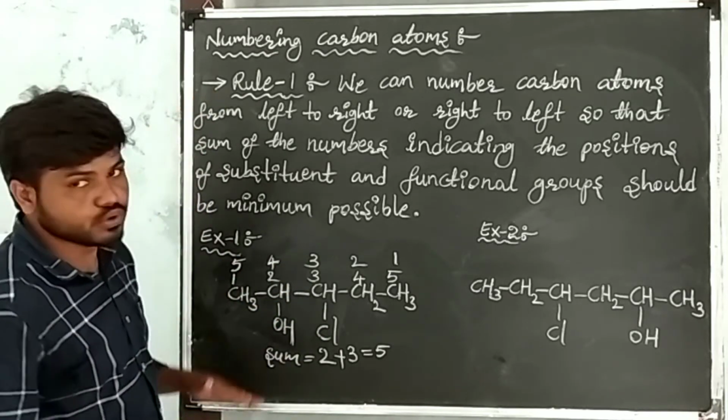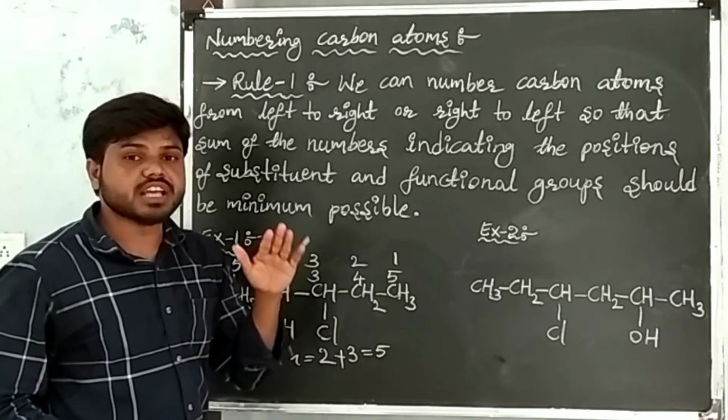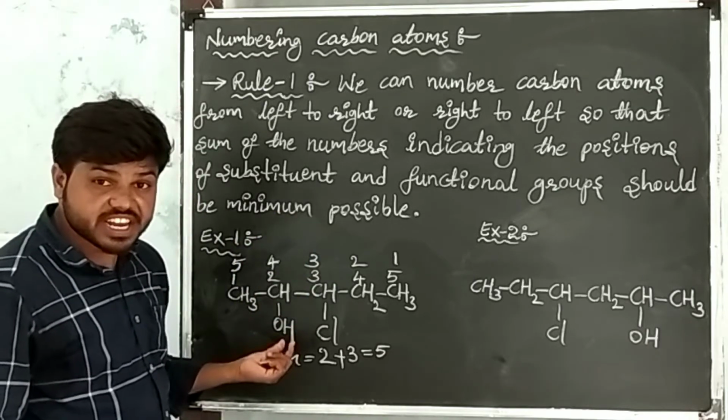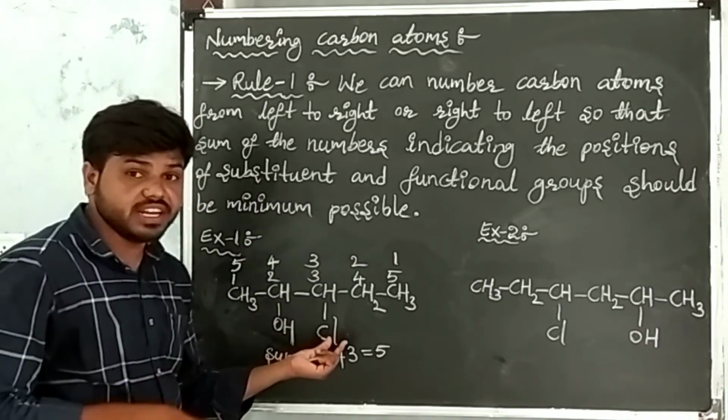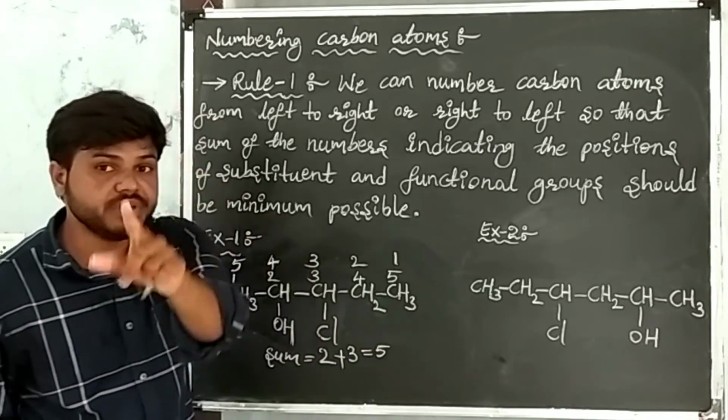So, according to rule 1, we require the sum of the numbers indicating the functional group and chlorine position to be minimum.